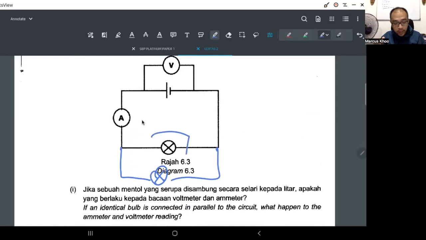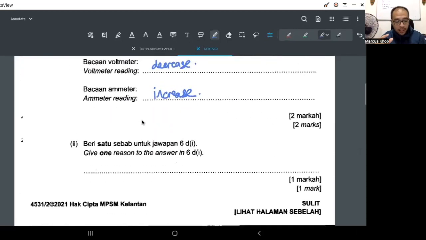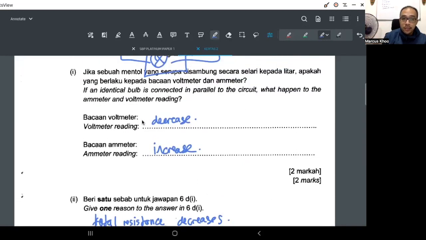Because when you arrange things in parallel, the more things you arrange, the smaller the resistance becomes. And when the total resistance decreases, more current can flow. So there will be an increase. That is the answer for this.